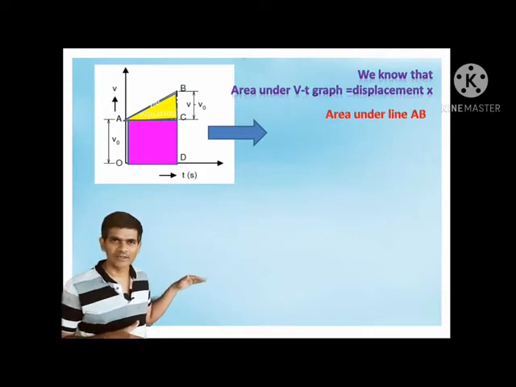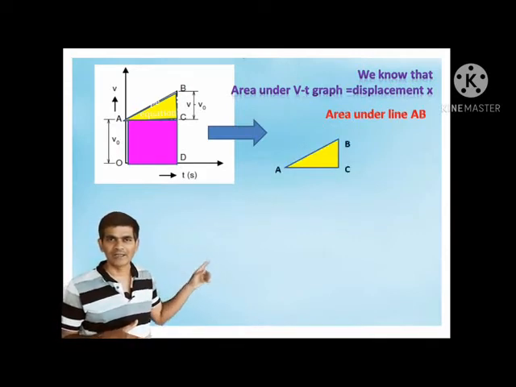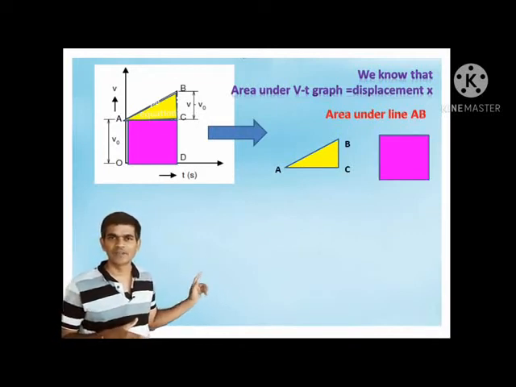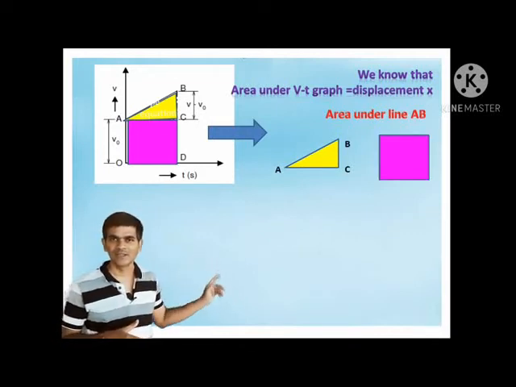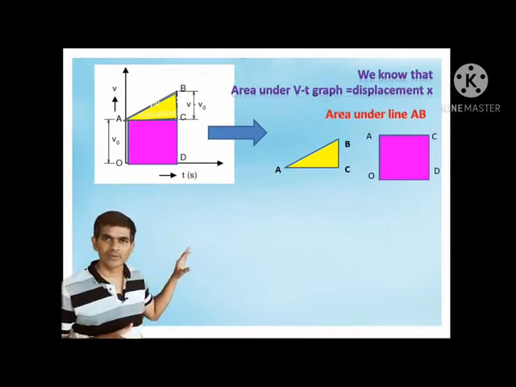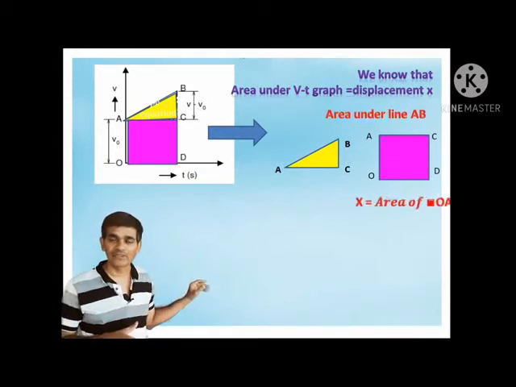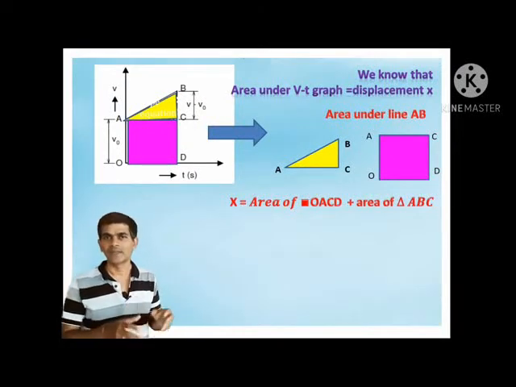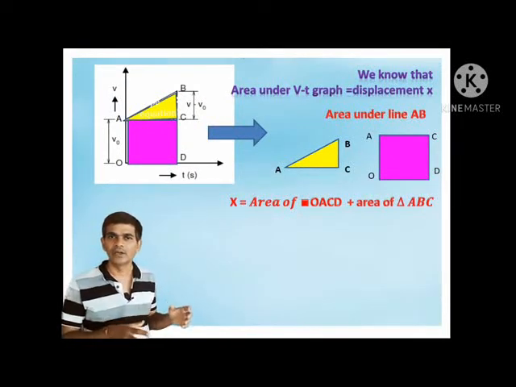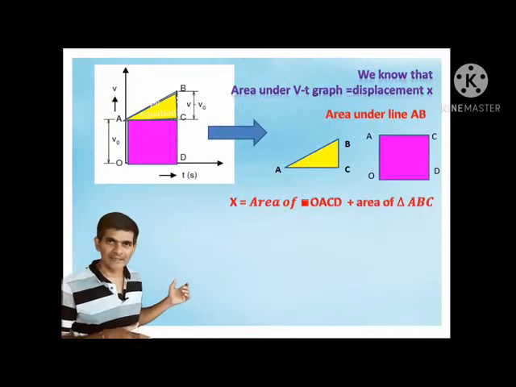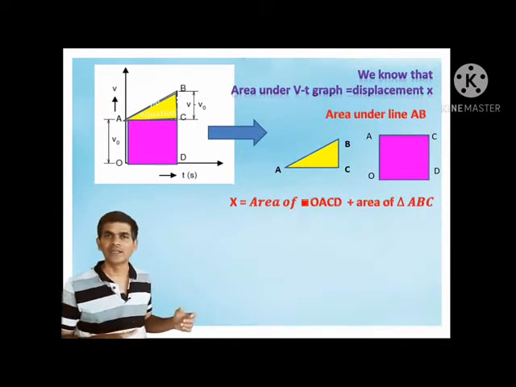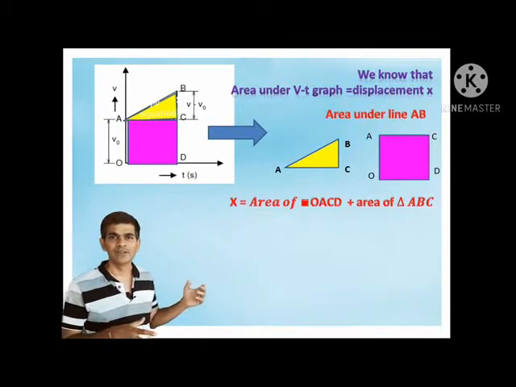We make one triangle ABC, and below it a rectangle OACD, and we find the total area of triangle plus rectangle, and that gives the displacement. Therefore x is equal to the area of rectangle OACD plus the area of triangle ABC.